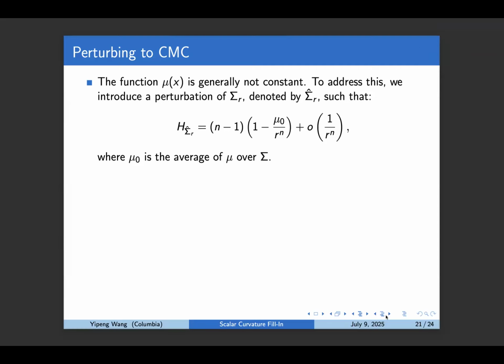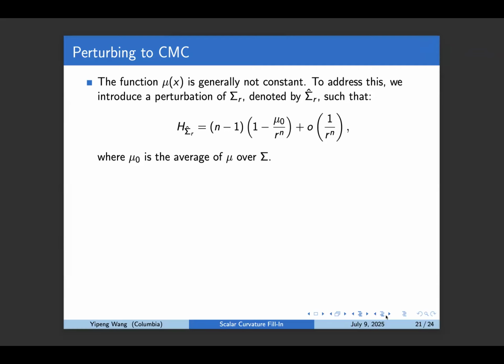Oh, okay, thank you. And I'm also interested in what the perturbation sigma hat r exactly means here. So for each r you have a sigma r.